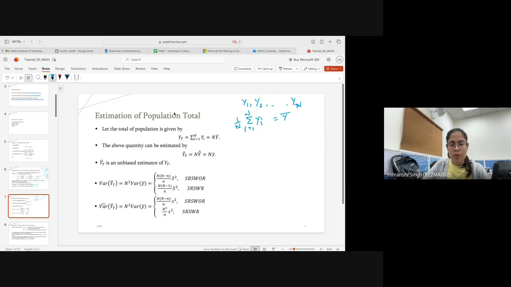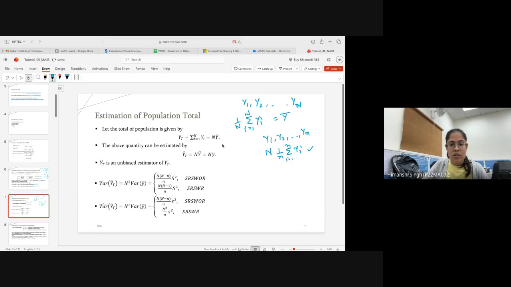So the population total can be estimated by capital N into small y bar. If I have a sample y1, y2 till yn, I just calculate N times 1 upon n summation of yi, i going from 1 to small n. That will be my estimate for the total population.